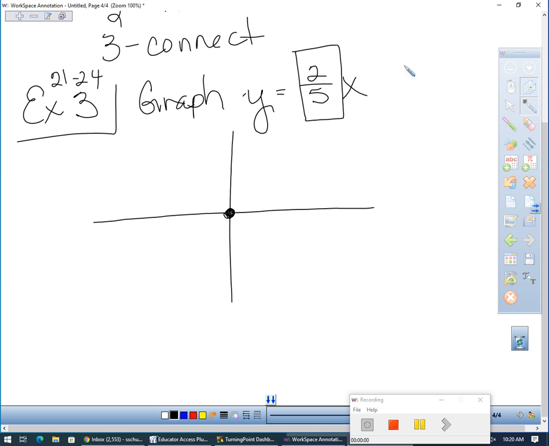Rise over run. So from here, we're going to go up 2, and we're always going to run to the right. 1, 2, 3, 4, 5, and put a dot. And then we connect. That's it. So let's do another one.